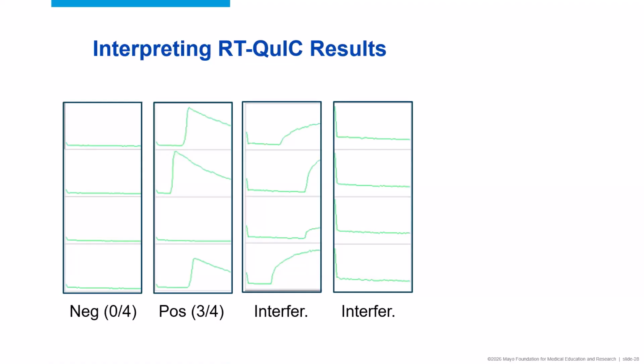Occasionally, though, we can see the presence of interference. So the third column here is an instance of where we saw amplification, but as you can appreciate, those curves look very atypical relative to the positive sample to the left. And so in this particular case, we suspected it was a false positive.